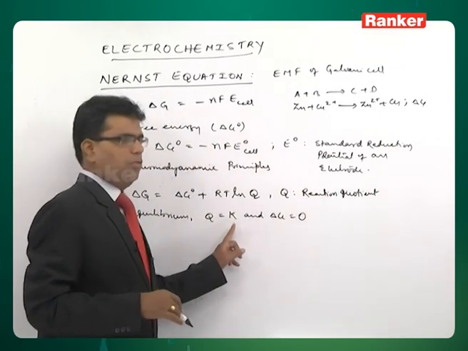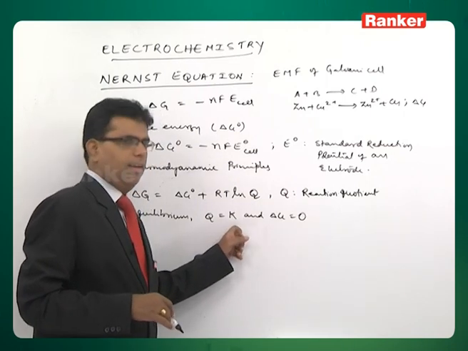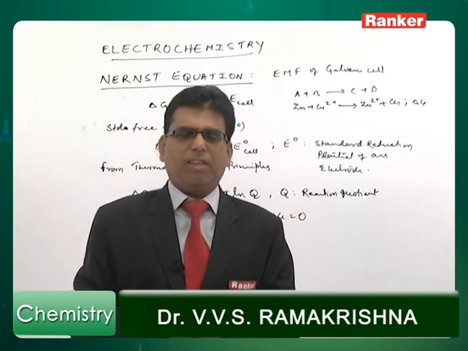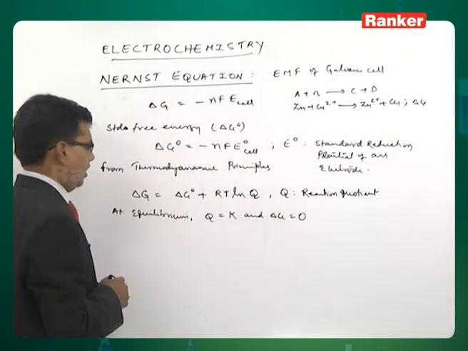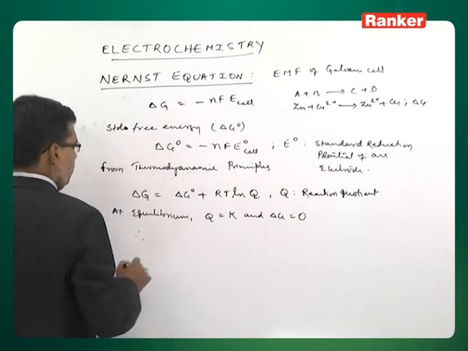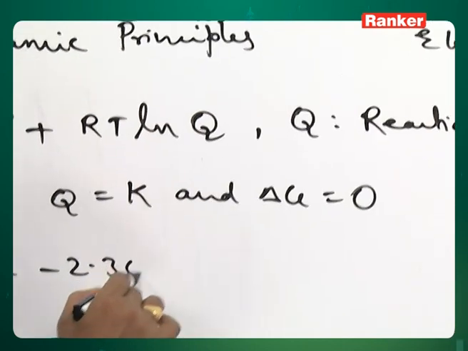At equilibrium, the reaction coefficient is nothing but the equilibrium constant K. As we are considering gases, normally what you are supposed to take is Kp. Q is equal to K. Therefore, delta G naught is equal to minus 2.303 RT log K.